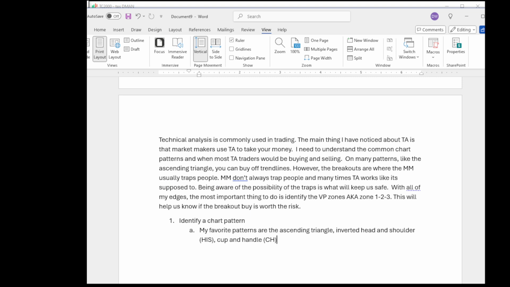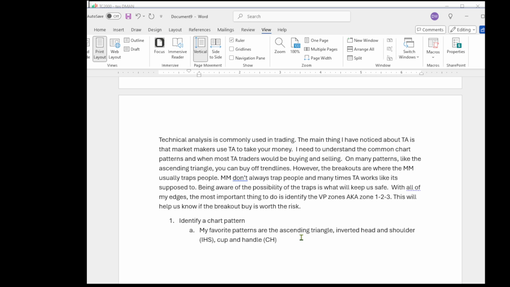Oh whoops. Head and shoulders. That should be inverted head and shoulders. Yeah. Thank you. Oh, I forgot the woodpecker. Yeah, we got to put the woodpecker in here, right?